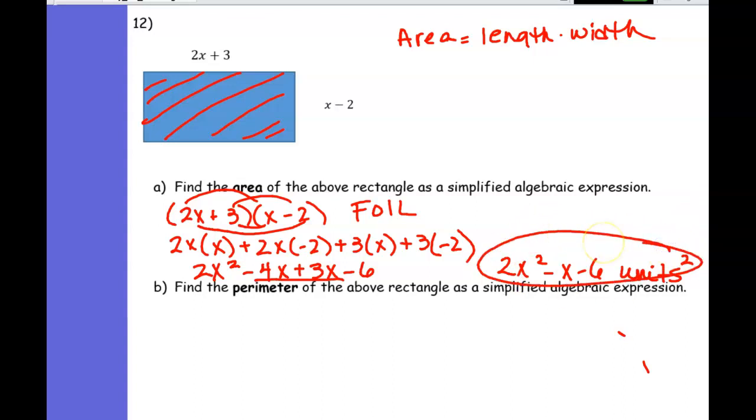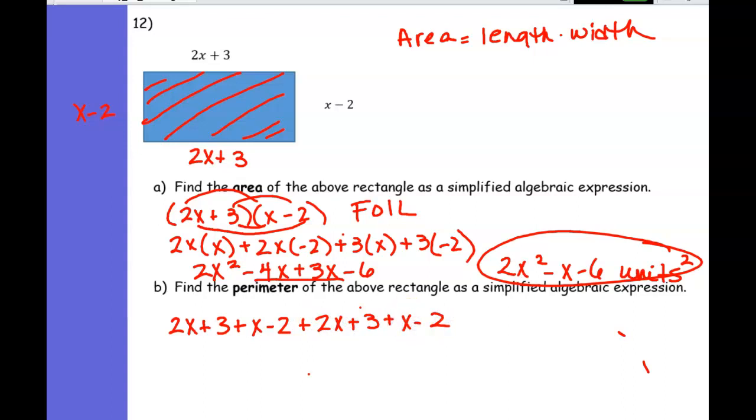All right, how does that compare to the perimeter? Well, the perimeter, just like we did with the triangle, we're going to add up all the sides. What we have to remember is the opposite sides are the same length. We've got 4 sides. 2x plus 3 plus x minus 2 plus 2x plus 3 plus x minus 2.